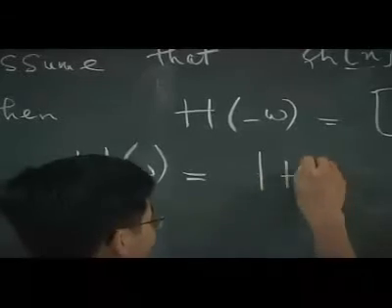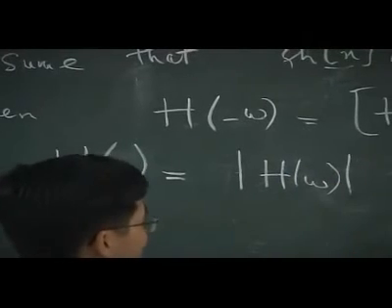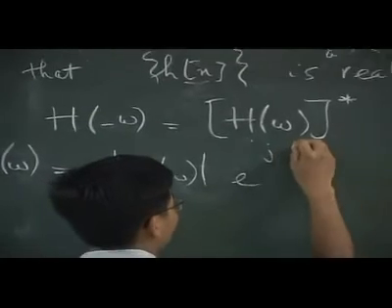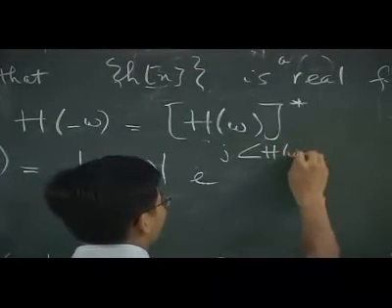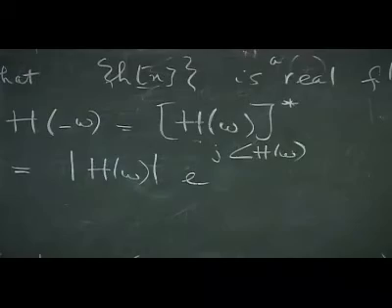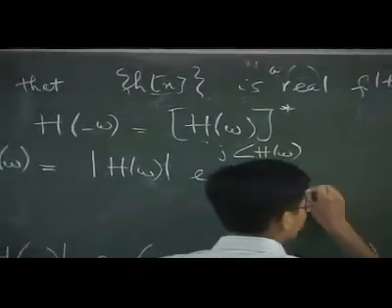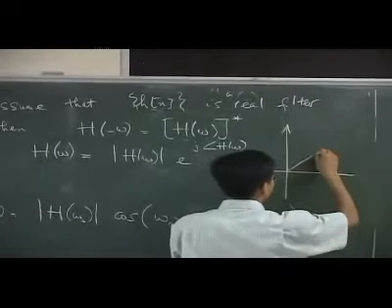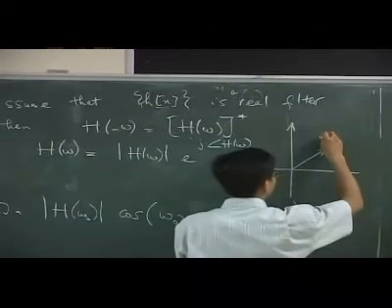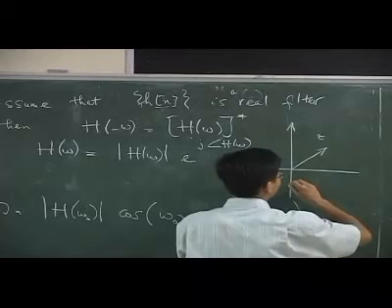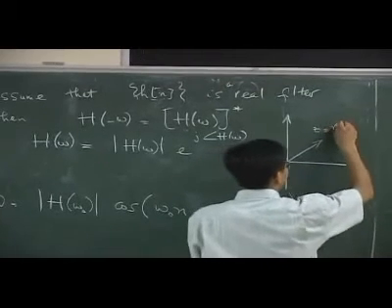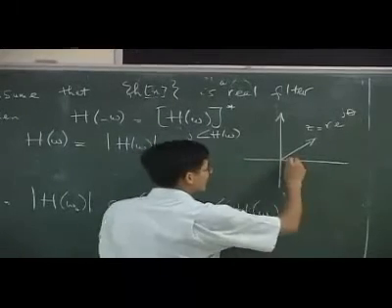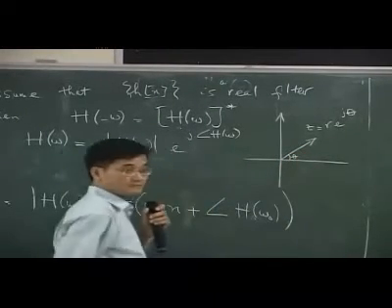And what would the real number be? It's the magnitude multiplied with e^{j} of the phase of that H(ω). Any complex number, you can see here, if I have Z, it's always equal to R times e^{jθ}, where this is θ here.